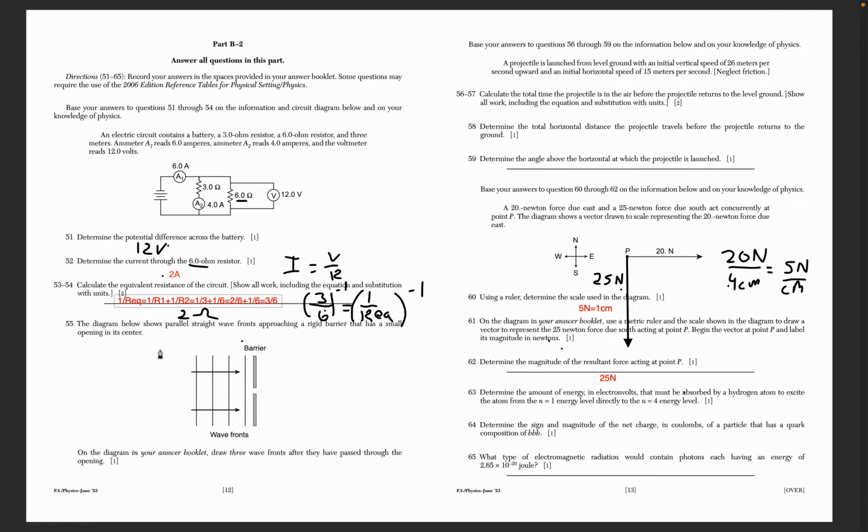The diagram below shows parallel straight wavefronts approaching a rigid barrier that has a small opening in its center. On the diagram in your answer book, draw 3 wavefronts. When we have these parallel wavefronts approaching a barrier, the way the waves diffract is they spread out like this.